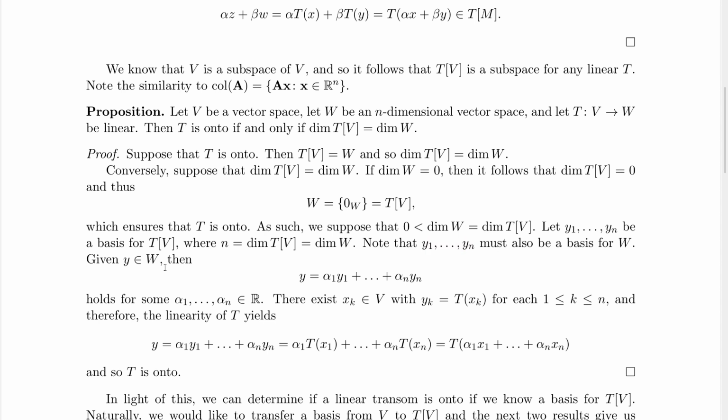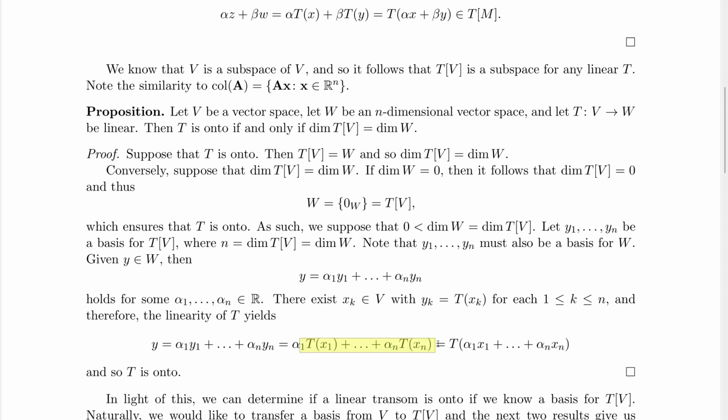So take any element y of W, it's some linear combination of y1 to yn. But what we know is that y1 to yn is a basis for the range, so each one of those yk is equal to T of xk for some x that lives in V. All right, and therefore, appealing to the linearity of T, we know y is this linear combination of these y1 to yn, but each one of these is equal to T of x sub k.